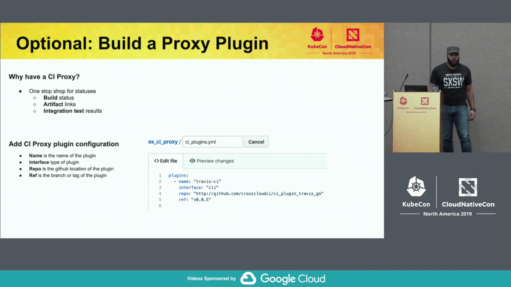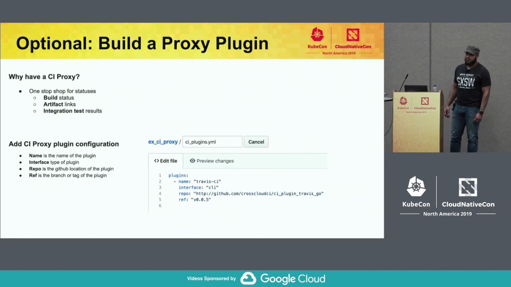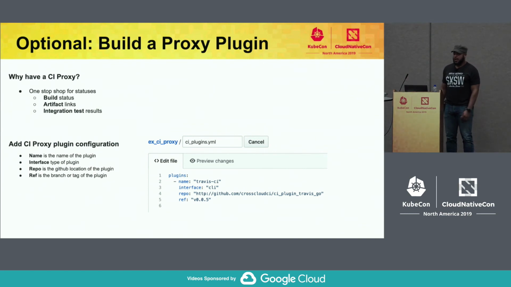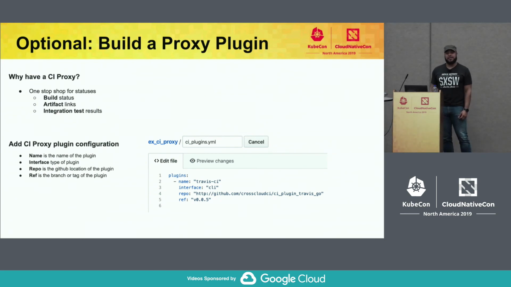You have four YAML elements that you'll need to modify and add. There's the name of your CI plugin. You've got the interface, which is most likely CLI style. You've got the repo, which is the repo for the plugin that you made. And then the ref, as we're going to expect you to have proper releases for your plugin.